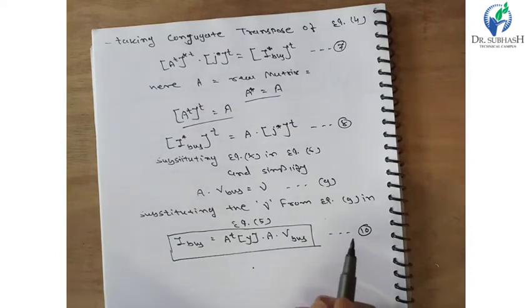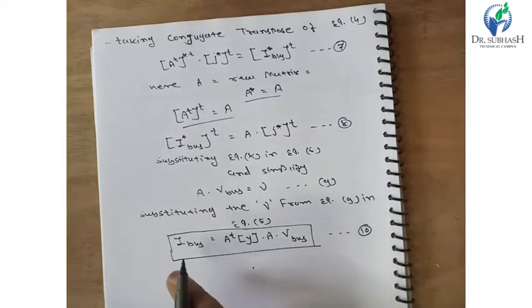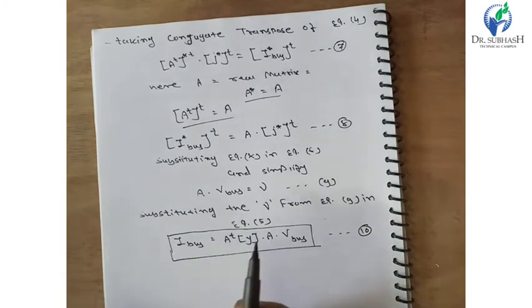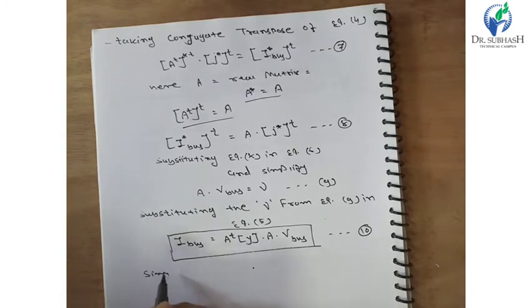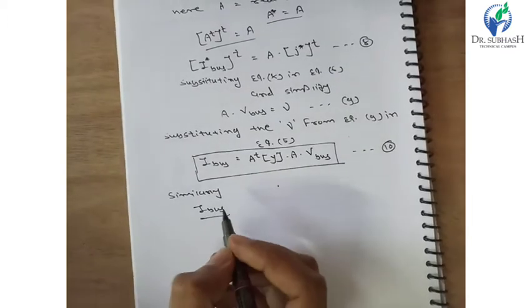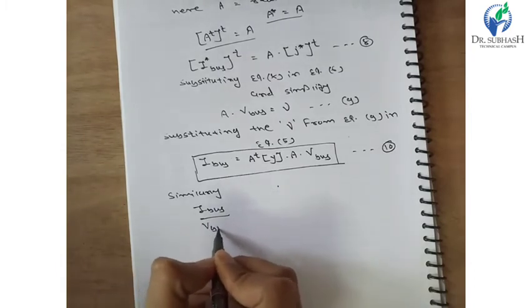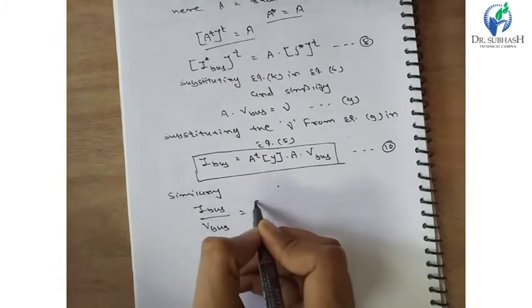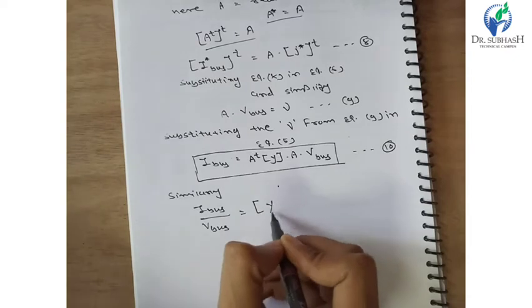Now similarly, in the same form, here the I bus is formed and V bus is formed. The total value is I bus upon V bus is equal to Y bus.